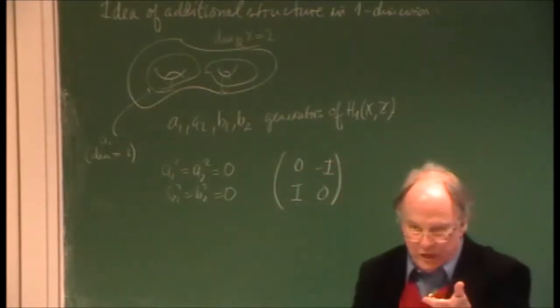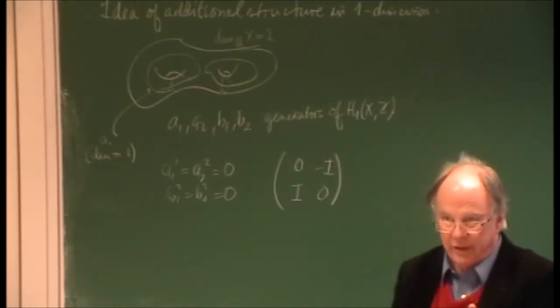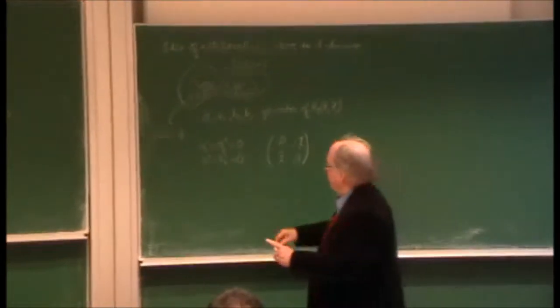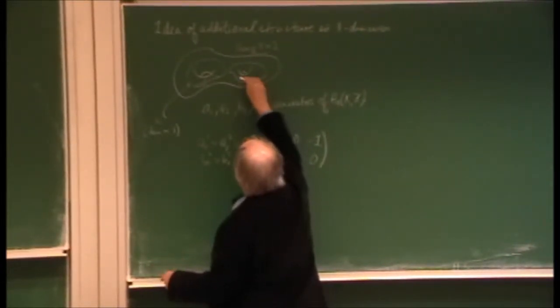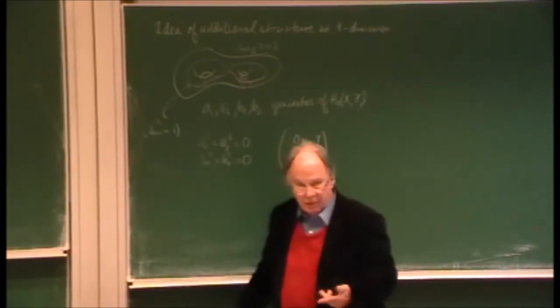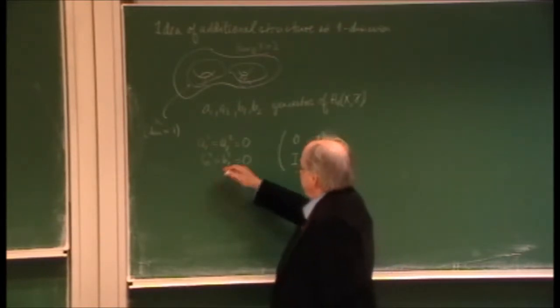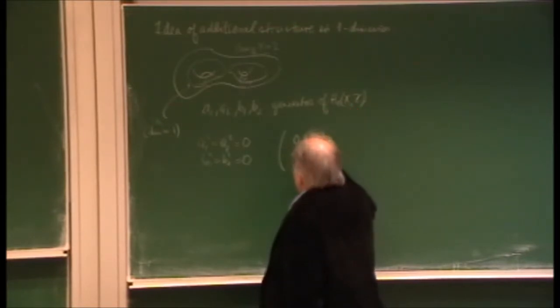And the reason is if you change the order here, you will change the orientation of the curve and you can get a negative intersection number. You just see what it means, when one curve crosses the other. If you call this the first curve and this the second curve, then you get +1. If you call this the first curve and this the second curve, you get -1. So what you get here is a Z module or a vector space, a lattice with an intersection pairing.